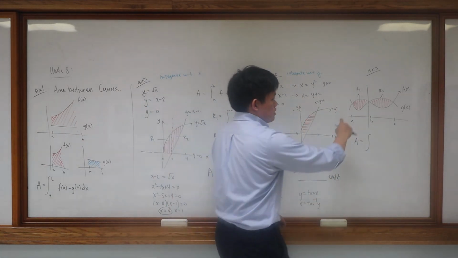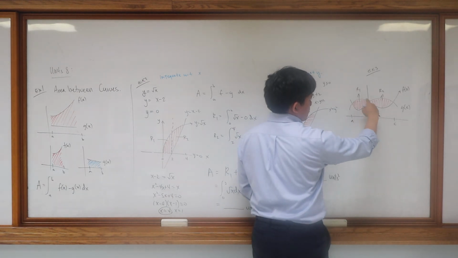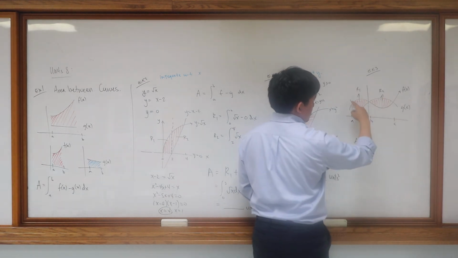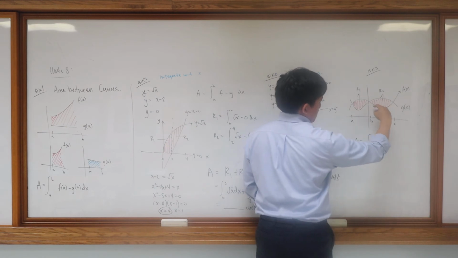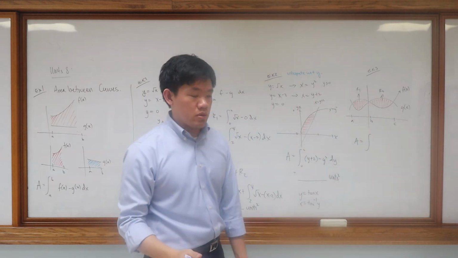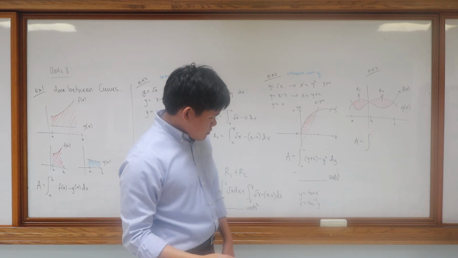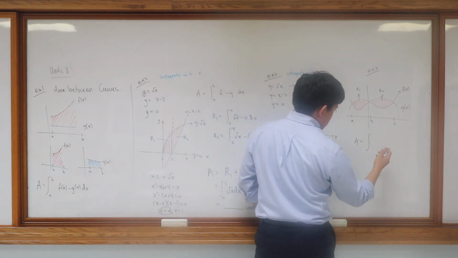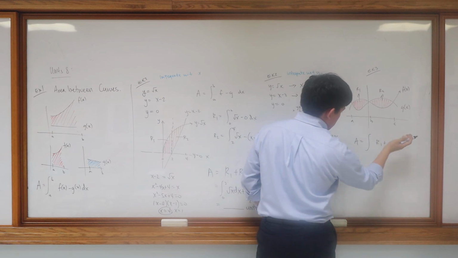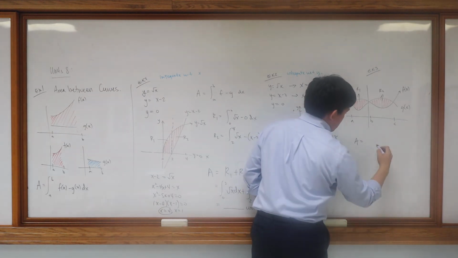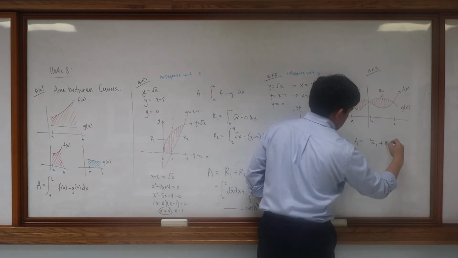For region R1, the top function is f and the bottom function is g. Whereas for region 2, g is on top and f is at the bottom. So you have to pick one or the other. Area is equal to region 1 plus region 2.